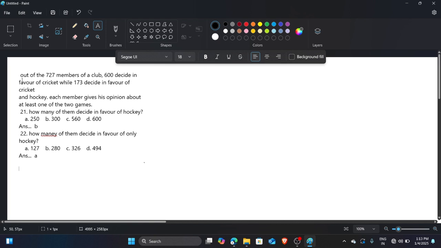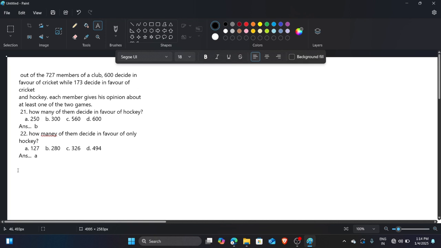Okay, so this is the question. Out of 727 members of a club, 600 decided in favor of cricket, while 173 decided in favor of cricket and hockey.